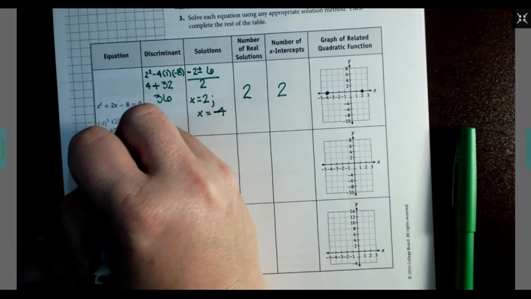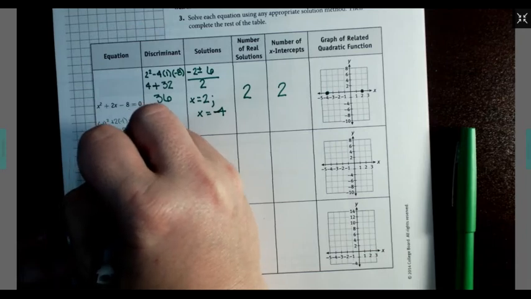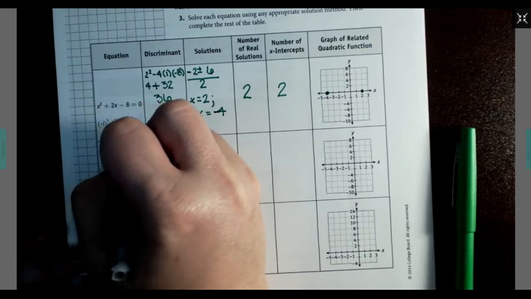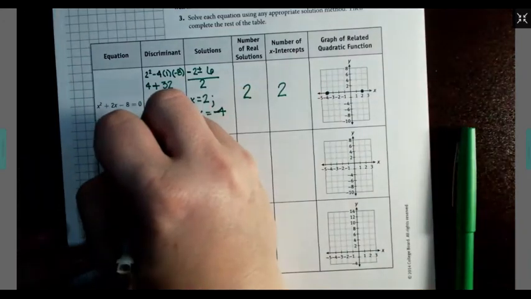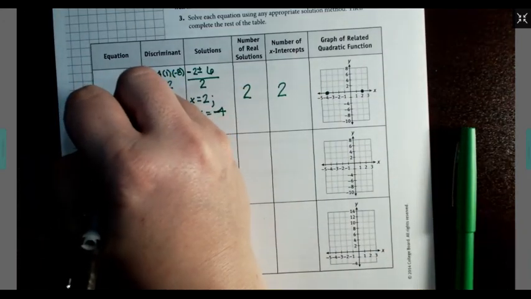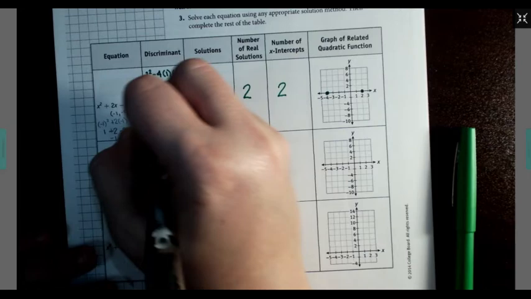This is going to be negative 1 minus 8, which equals negative 9. So that ordered pair, negative 1, negative 9, is my minimum.